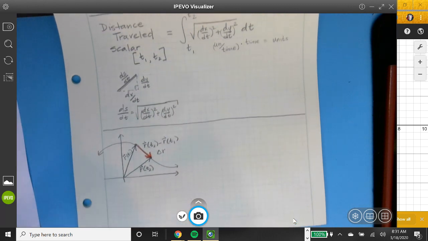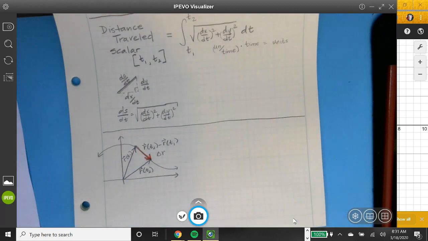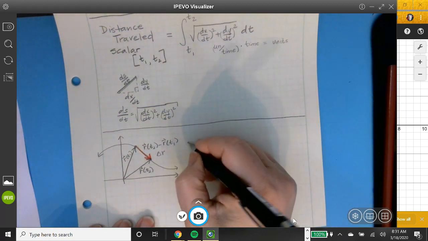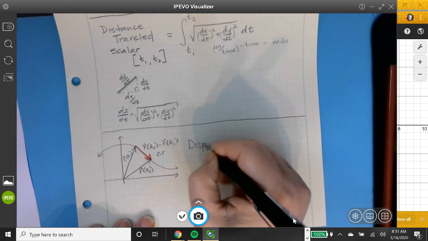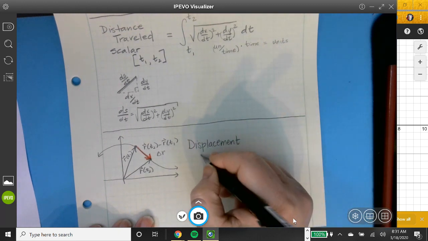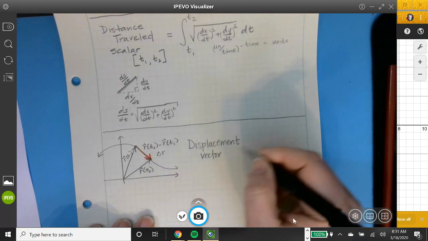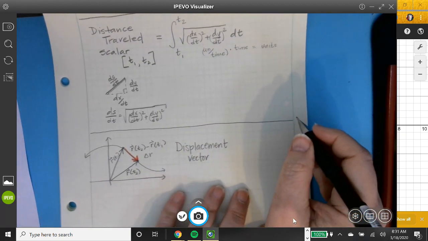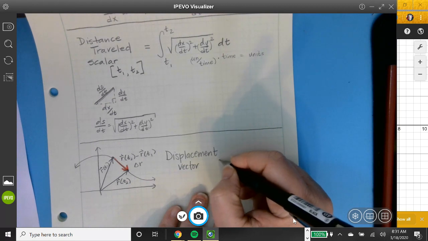Okay, well, how do we find delta r? Well, that's a net change, isn't it? Net change sounds like an integral to me. And it sure enough is.